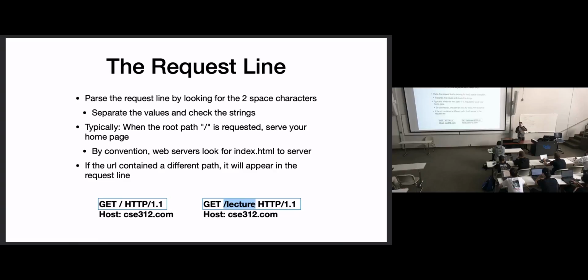So it's the path, the query string, and the fragment are all going to be in this spot right here. Right now, we're only worried about path. So if somebody goes to their browser and goes to CSE312.com/lecture, this is what the request is going to look like on our end. So this is how we can tell what the user is requesting, what specifically they're looking for.